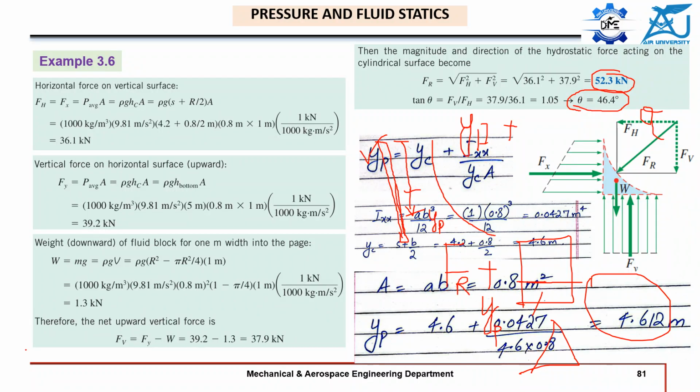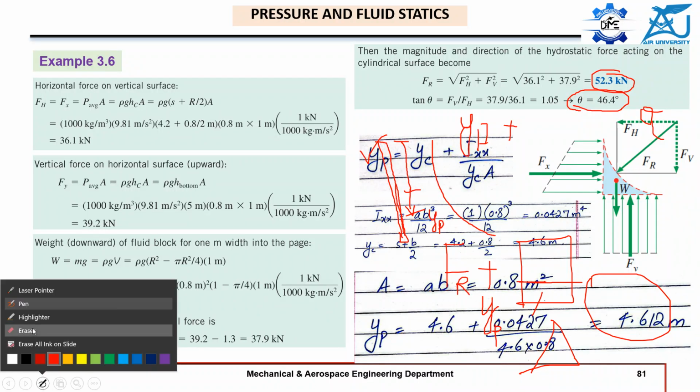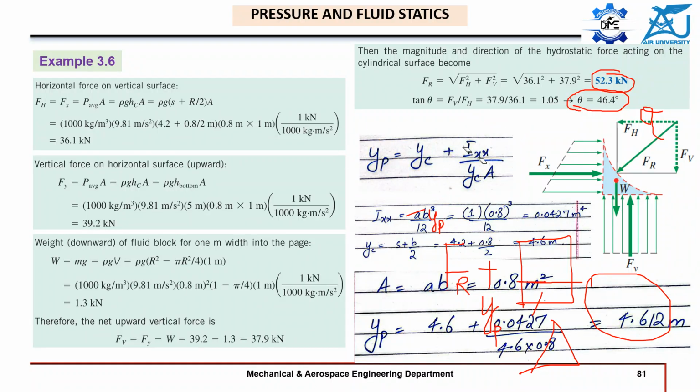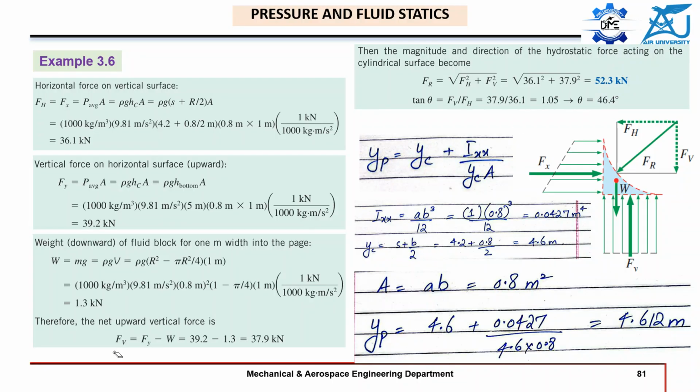All of this is valid, and the process of evaluating the YP, or the point at which your force will act, is still the same as it was in the case of plane surfaces. Again, we will take this surface as we did last time, and we will find out YP using the same formula. YC is S plus B by 2. S is known to you, so S plus B by 2 we can easily find out. And I double X, because it is a rectangle.